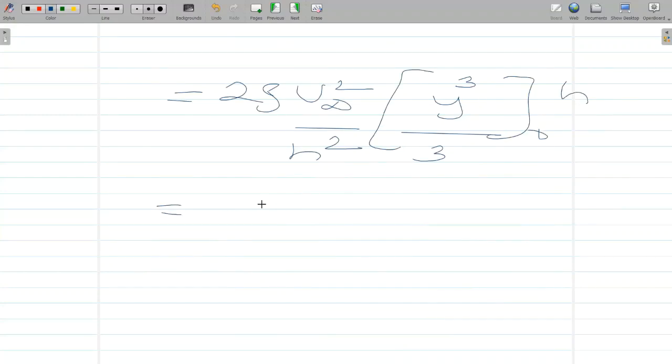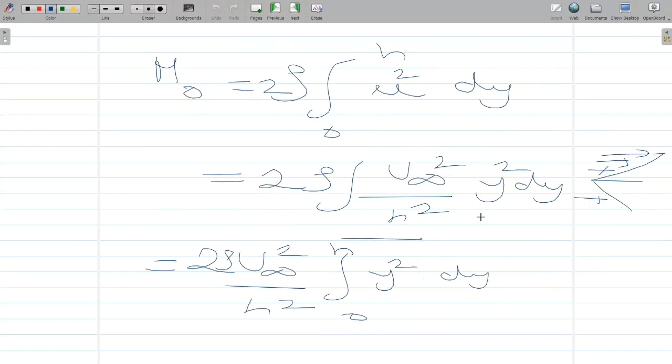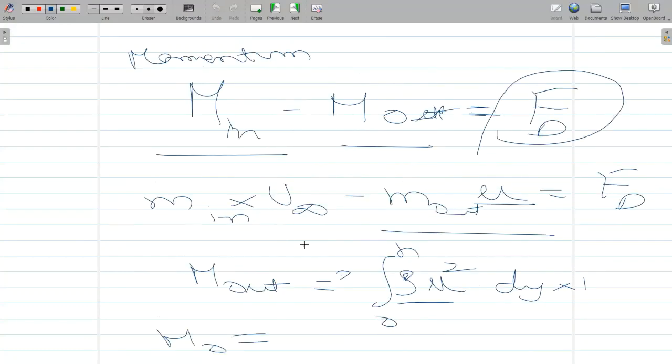So that would be nothing but 2 rho u infinity square by h square into h cube by 3. So I can cancel this guy out. So what I get is 2 rho u infinity square h by 3.